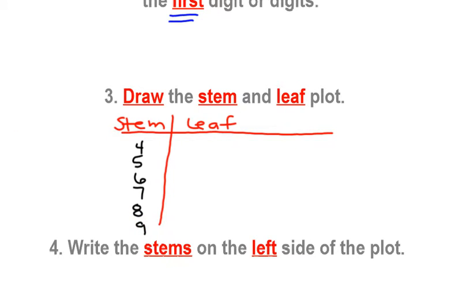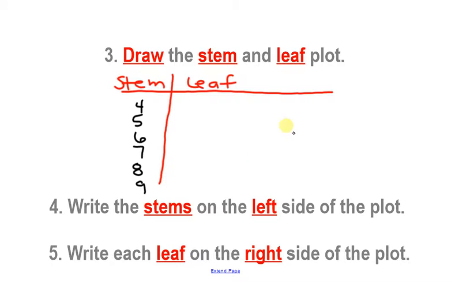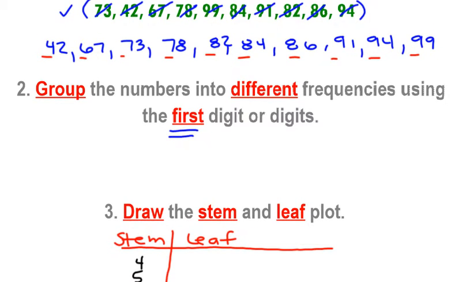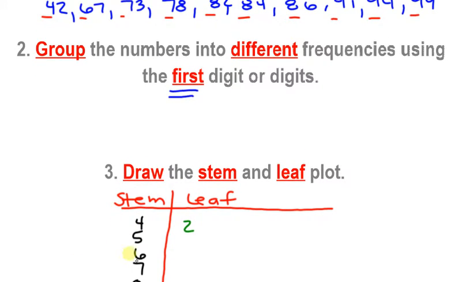All right, and then I'm going to write my leaf on the right-hand side. Let's see. For my 4s, I have 2, and that means that number is 42. For my 5s, I have nothing, so I'm going to leave it blank. For my 6, I have 67, so I'm going to do a 7.